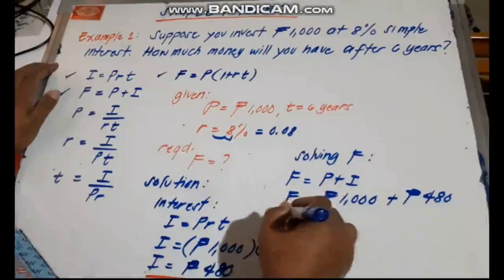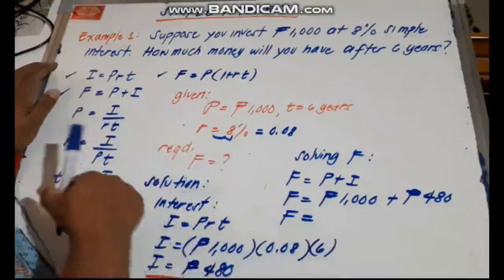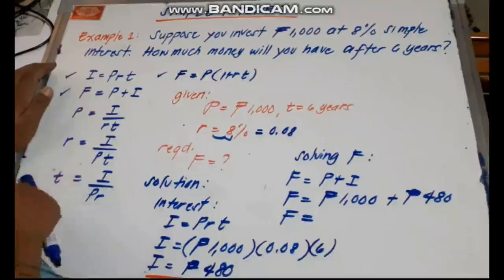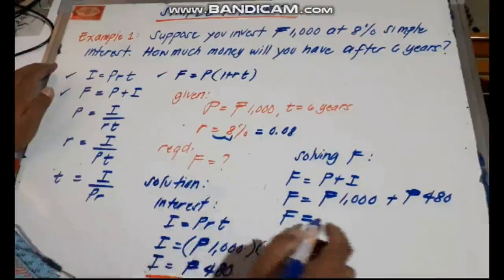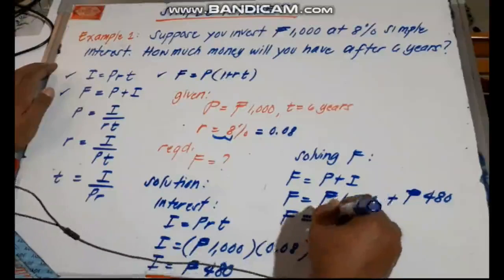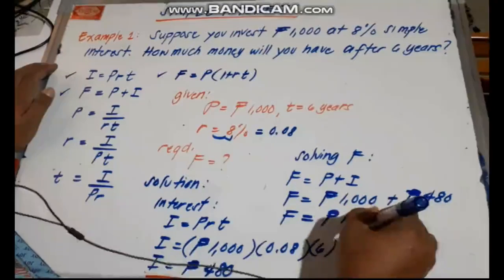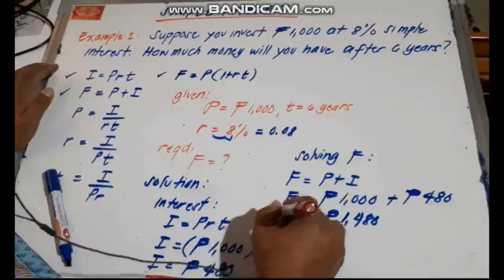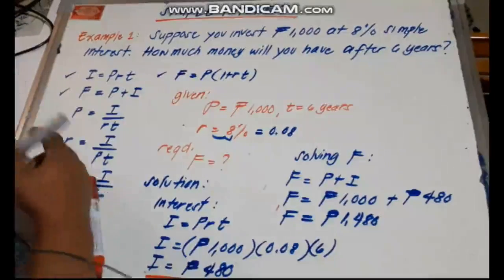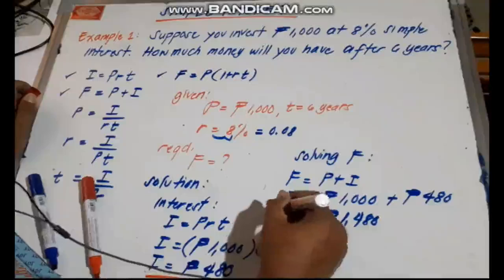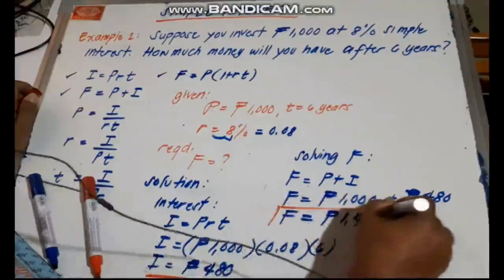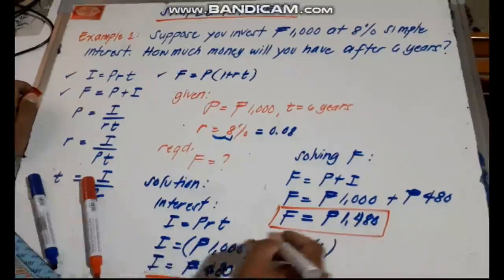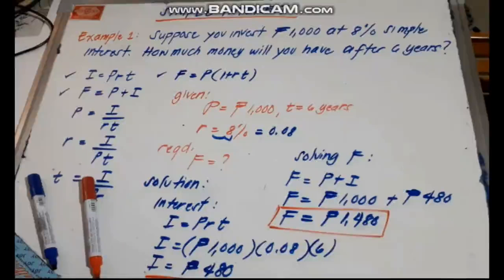So the sum of these is 1,480 pesos. So this will be your future value of money if we're going to invest 1,000 pesos at 8% rate of interest after 6 years. So that is our first method.